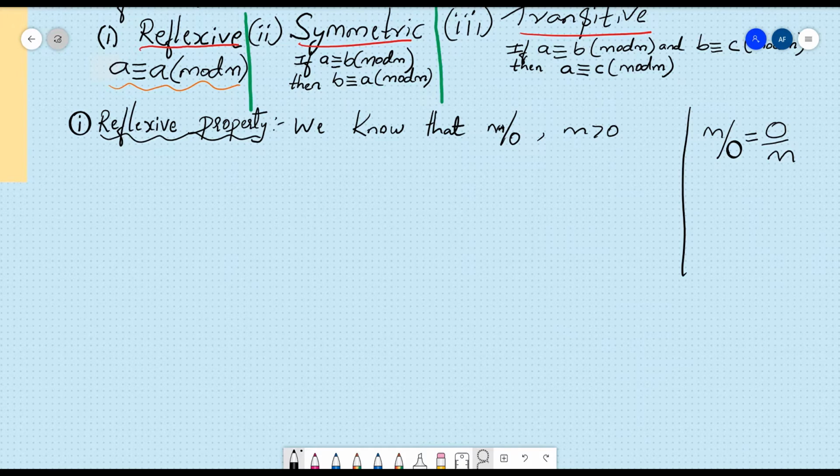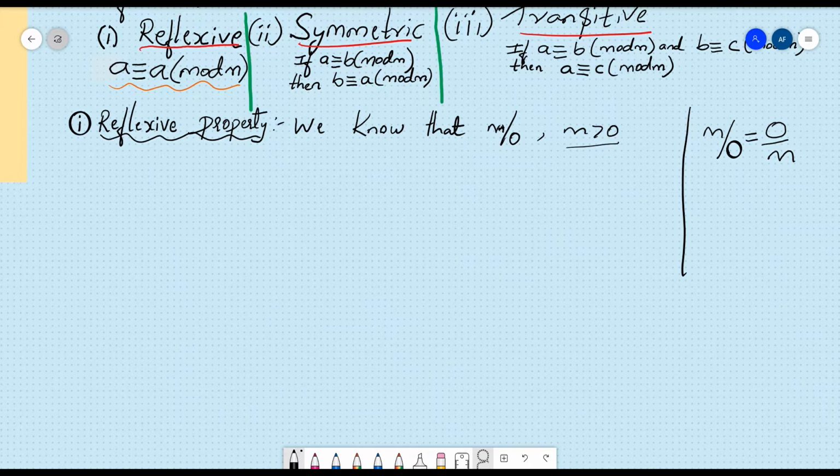What is the meaning of m divides 0? It is 0 divided by m, and the value will be 0. It is obvious, right? You take 0 divided by any number. Here I have taken a positive integer, so obviously it is 0 only.